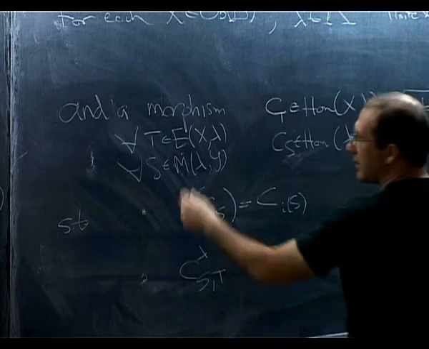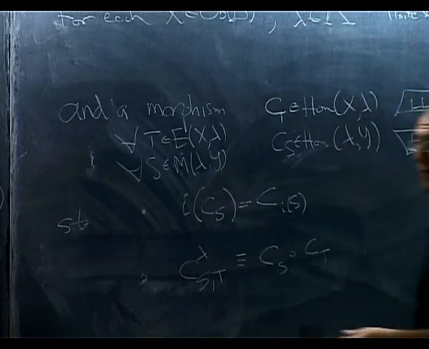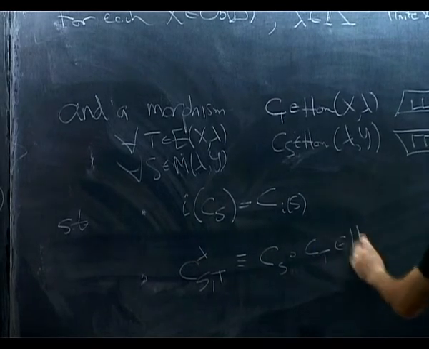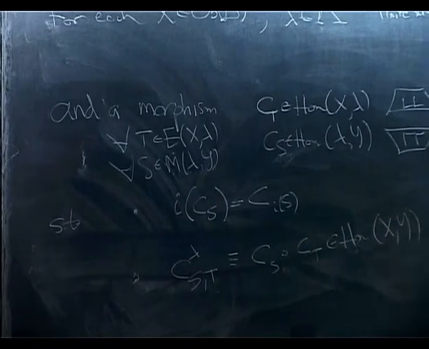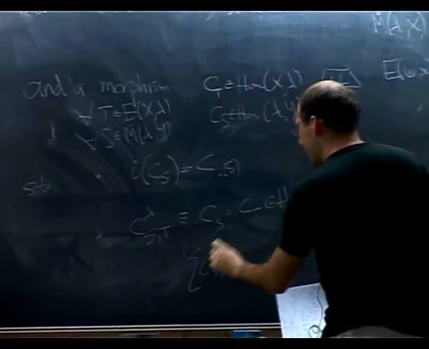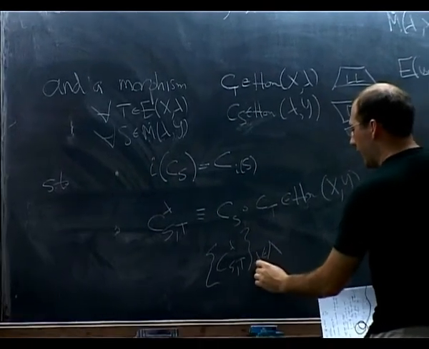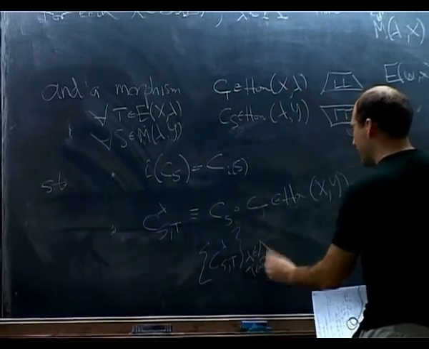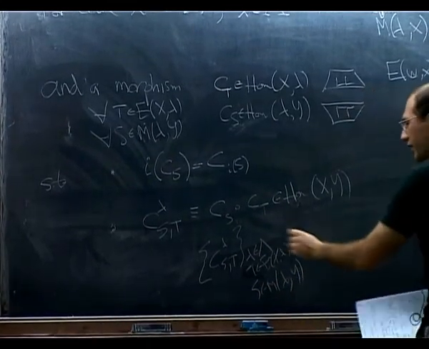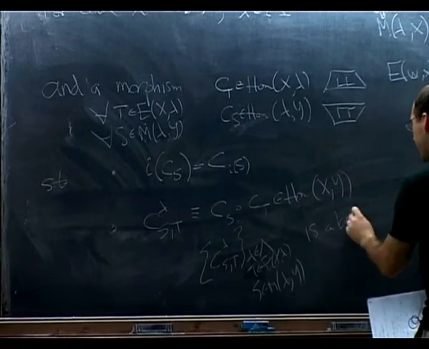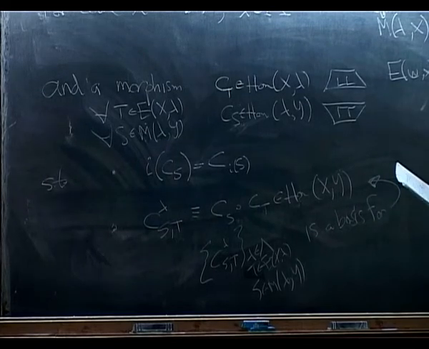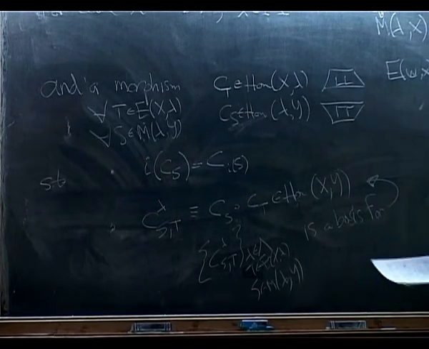Okay, so if S is in here and T is in there, then this is actually a map from X to Y. And the collection of all these things, C_ST^lambda for various lambda, and various T in E_X^lambda and various S in M_lambda^Y, the collection of these things is a basis for this Hom space. Okay, so this is the double leaves basis.